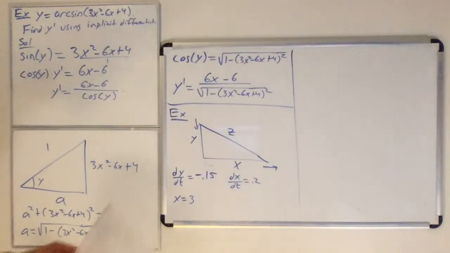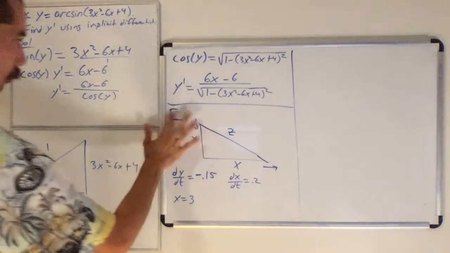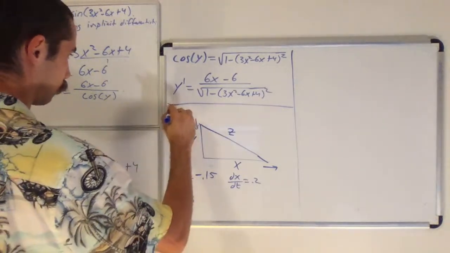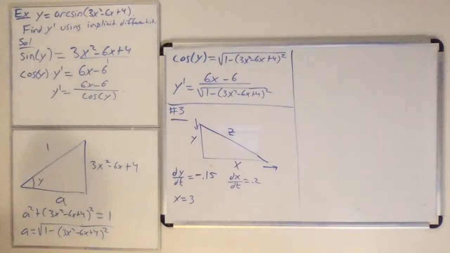How long is the ladder? So what are we trying to find here? Yeah, we're trying to find z, or the hypotenuse.